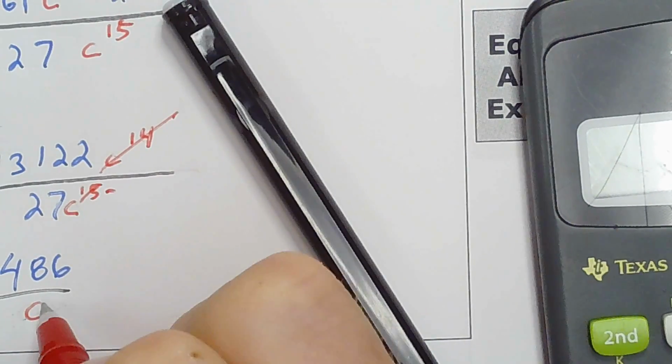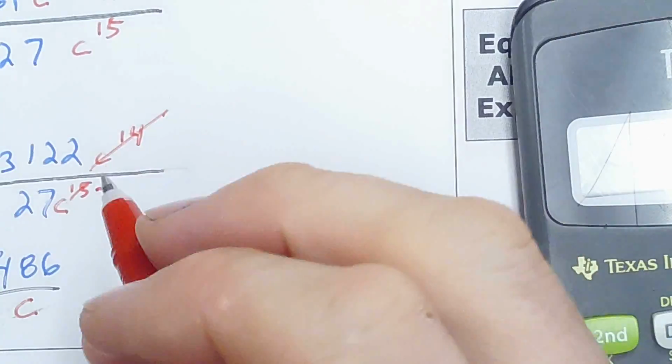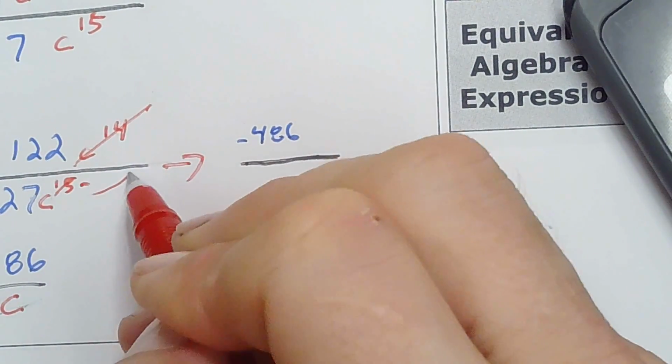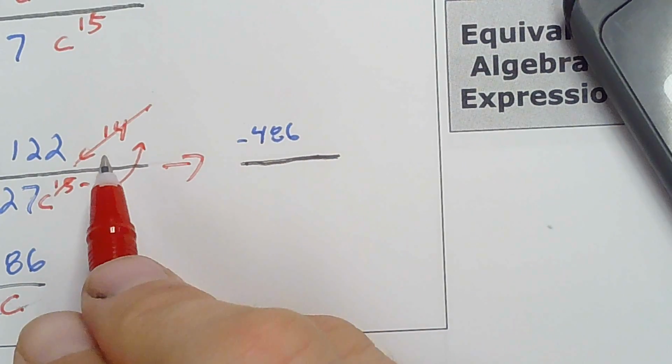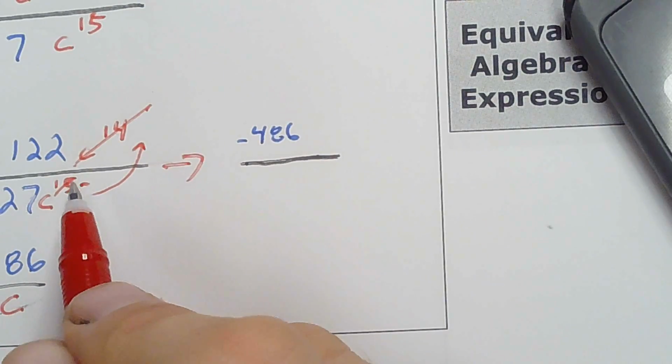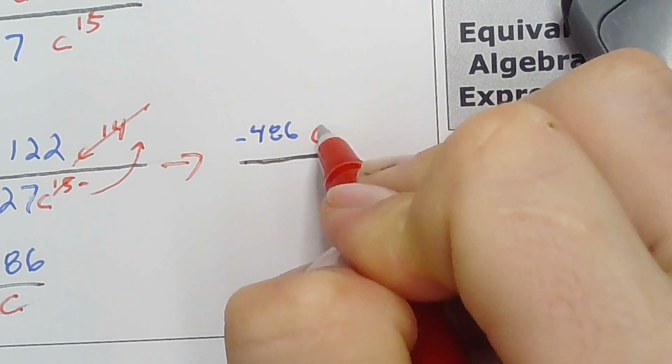That should be red. So this would be red, so C. Okay, or you could also do it like this. This is a correct answer here. But if you were to bring this one up here, negative 486, and put the 15, it would be C to the 14th minus 15, so you'd have C to the minus 1.